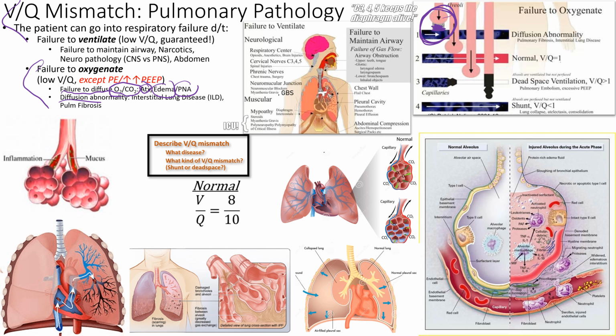Collagen, that's like scleroderma, for instance. Lupus has this problem, okay? They have a diffusion abnormality: pulmonary fibrosis, interstitial lung disease, mesothelioma exposure, right? Long COVID, all these things are a diffusion abnormality. So they are chronically hypoxic, right? Because of that. We talk about normal VQ, usually it's about 0.8 technically, right?